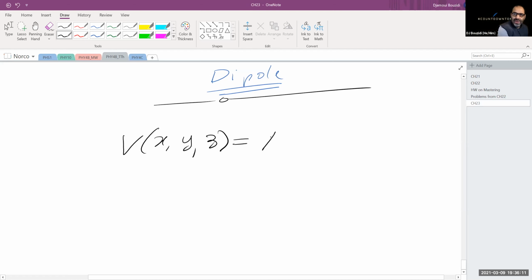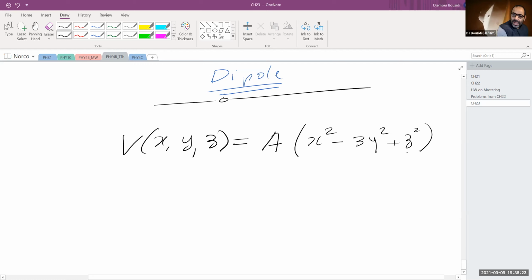It tells you specifically that it has this A, which is a constant, and depends on x in the fashion x squared minus 3y squared plus z squared. And this is basically the potential, where A is constant, good. Otherwise, we have a problem if it's not constant, okay? And they tell you to derive an expression for the electric field at any point in this region. So we want the electric field E.